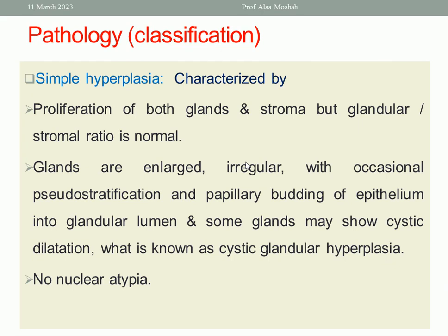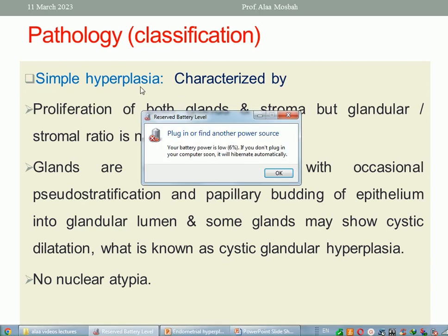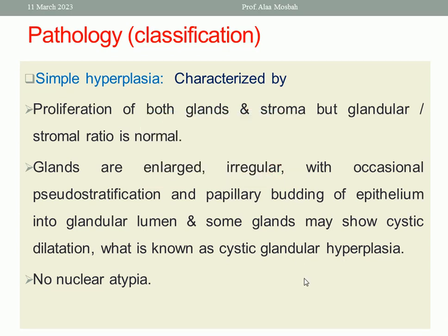Also, some glands may show cystic dilatation, and we call it cystic glandular hyperplasia. But in simple endometrial hyperplasia, there is no nuclear atypia.